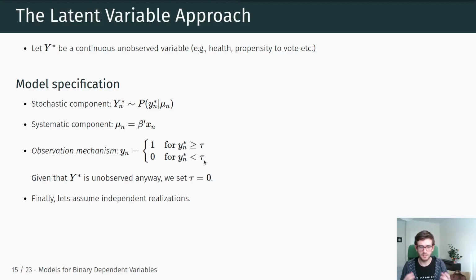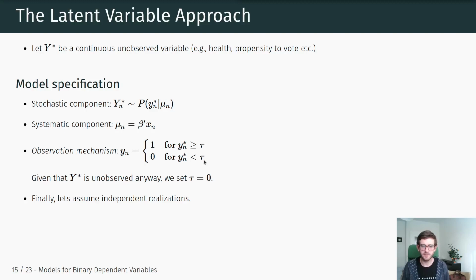Okay, and that outcome, the data generating process, is that this dichotomous outcome, that is 1 or 0, is ultimately determined by this underlying continuous latent variable. And if that underlying unobserved latent variable is larger than tau, then we observe a 1. If our utility is high enough, then we turn out to vote.